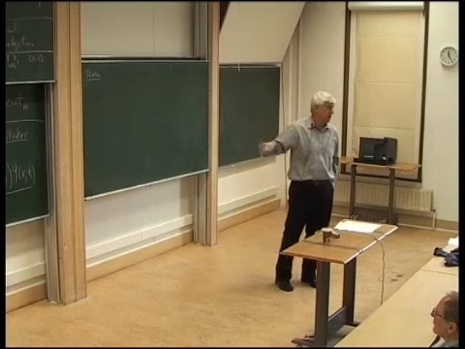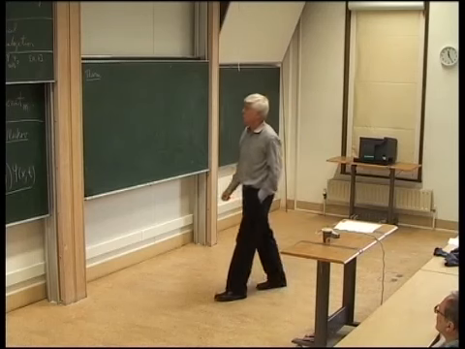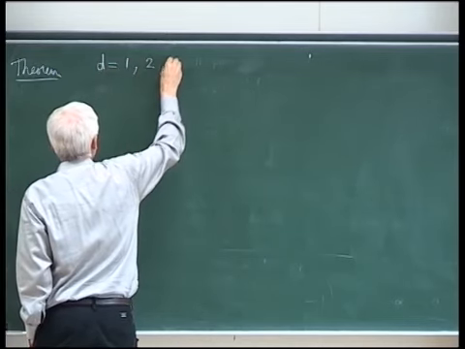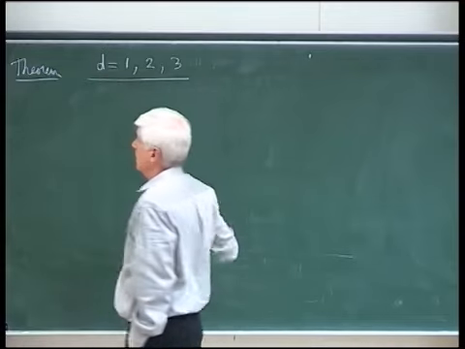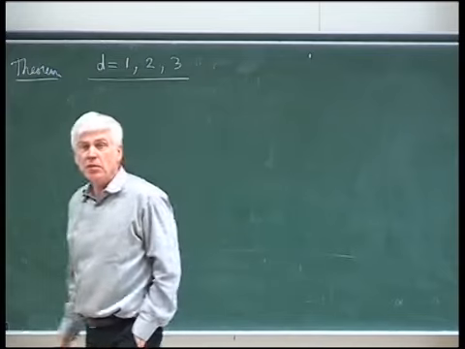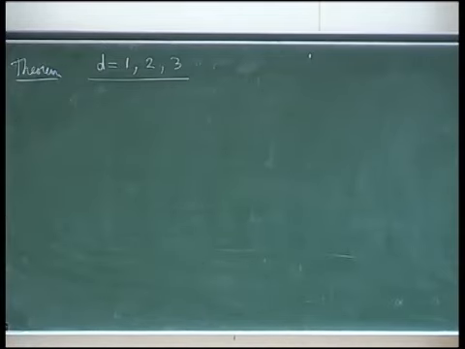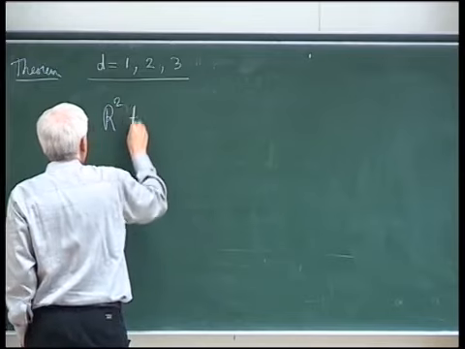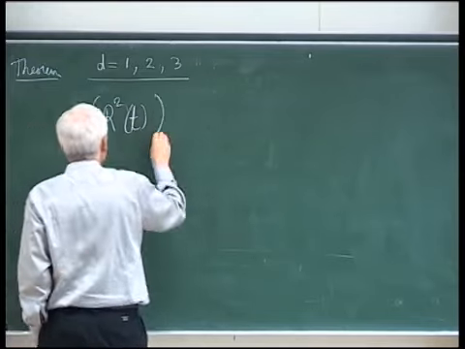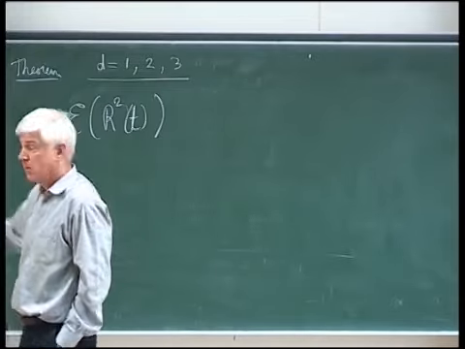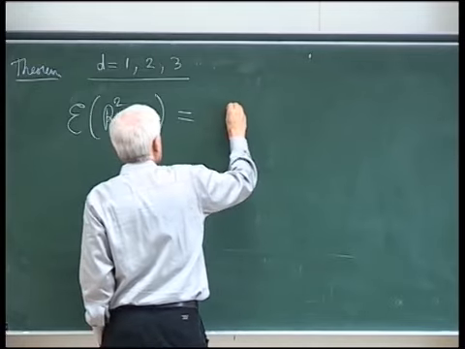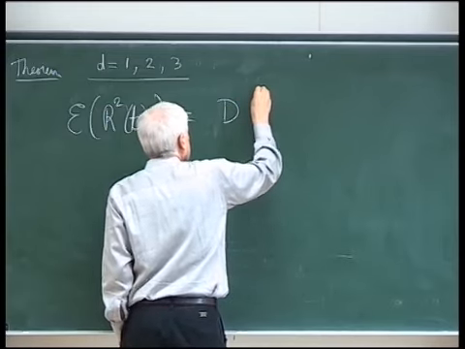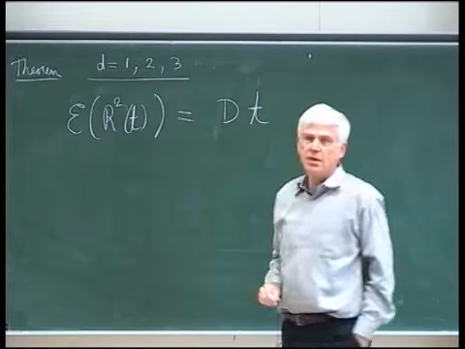You do not get ballistic motion. You get diffusion. And it doesn't really matter what dimension you're in. So in dimension 1, 2, 3, those are the dimensions we're mostly going to be concerned with, there's a theorem of Cherymchantsev which says that r squared of t averaged, which I define exactly the same way, grows like some constant, I'll call it d because it's like a diffusion constant, times t. Okay. So this is a different behavior.